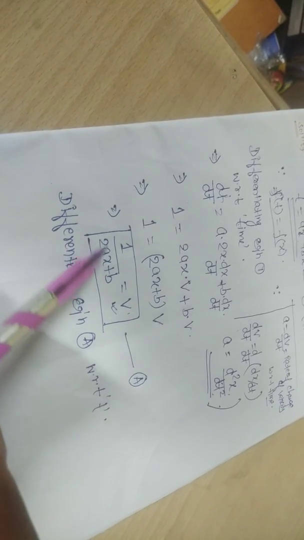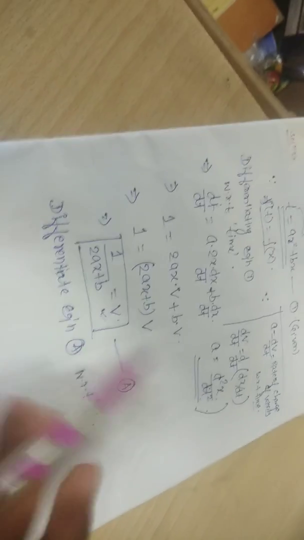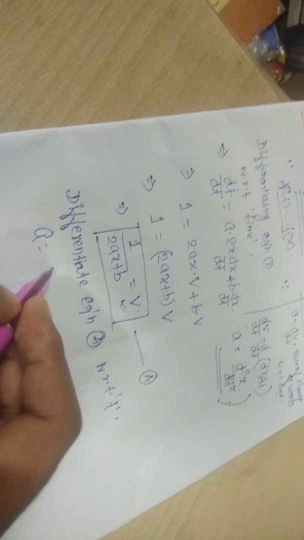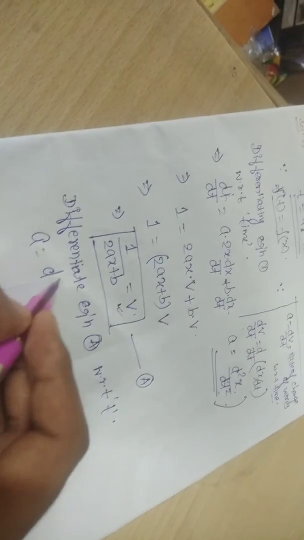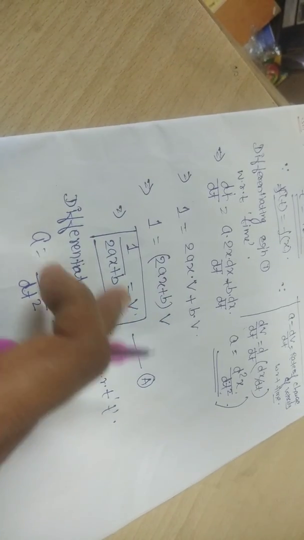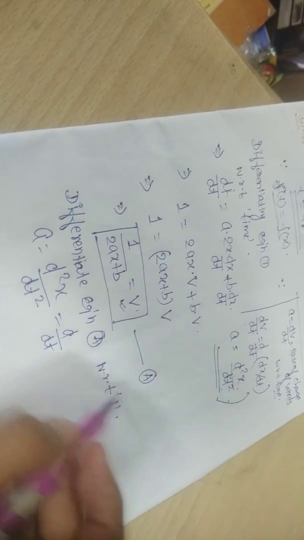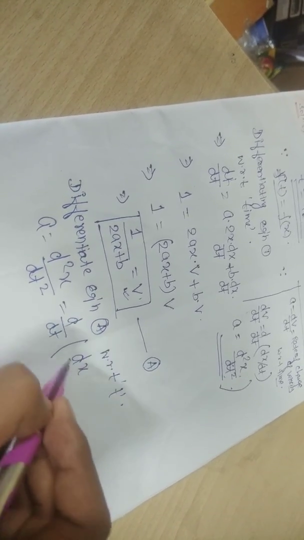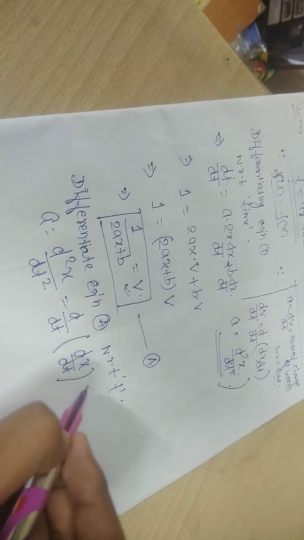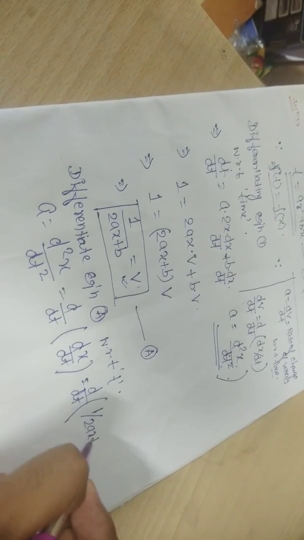So acceleration is d by dt of dx by dt, and dx by dt is already this one. So we need d by dt of 1 upon 2ax plus b.